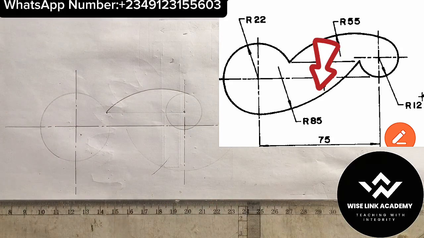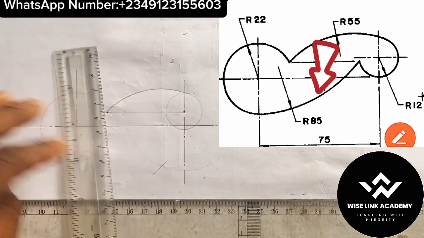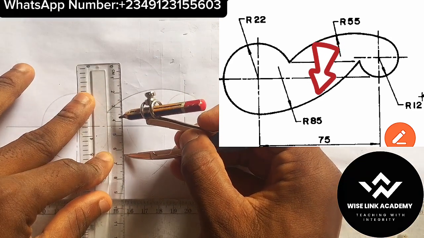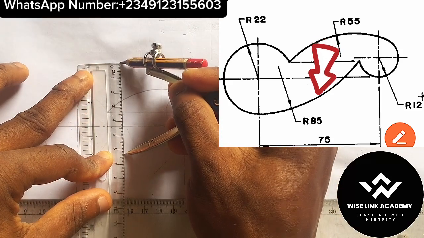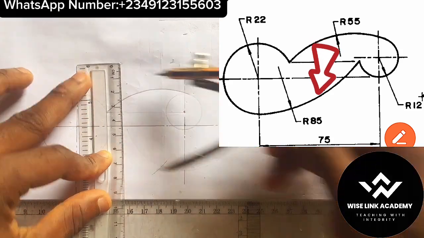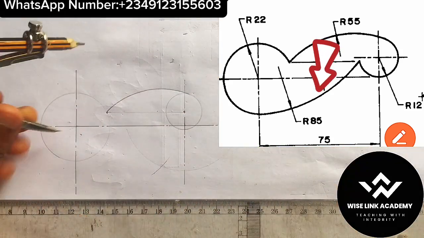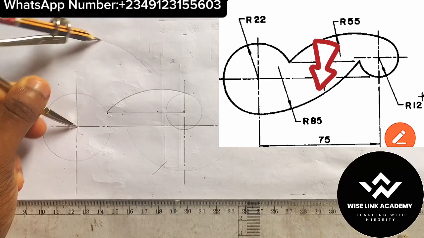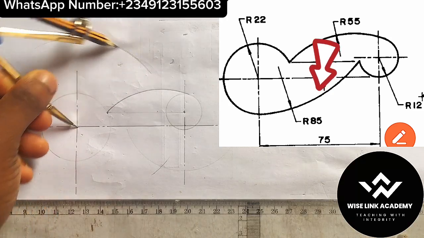So 85 minus 22, I have about 63. So this is 63 to this point, 63. I'll take my compass to this point here and strike my arc upward, please. Upward this way.